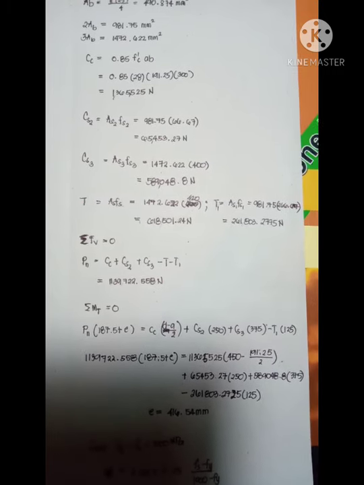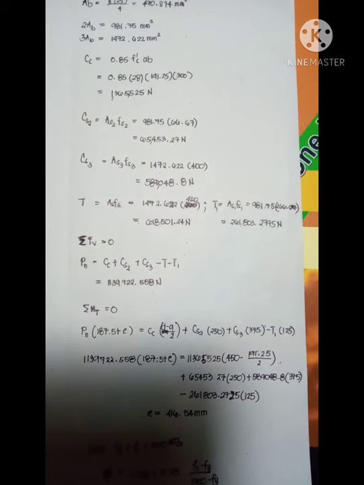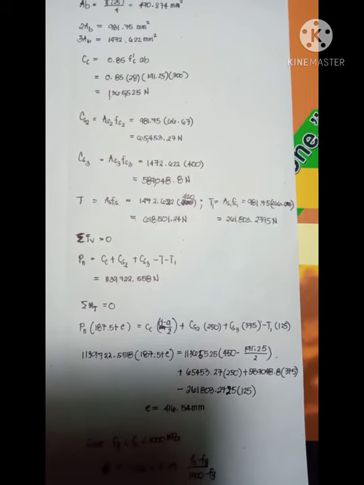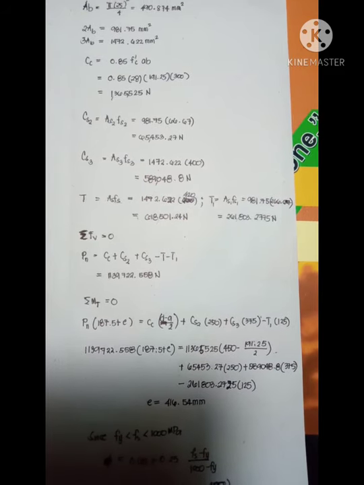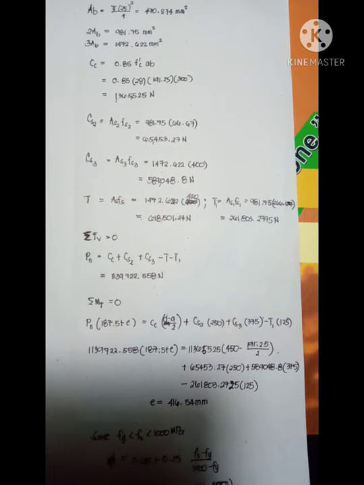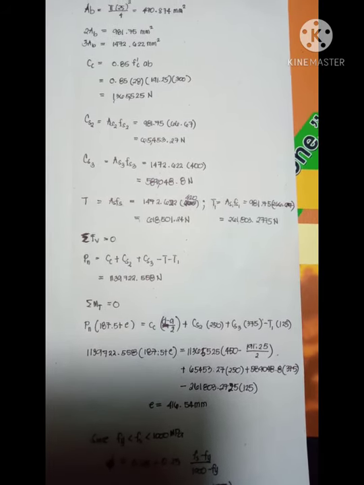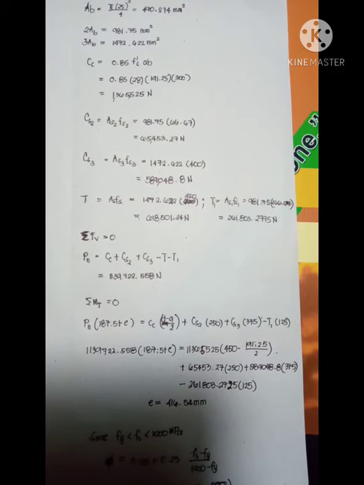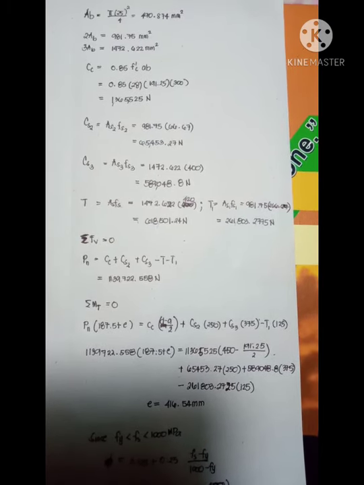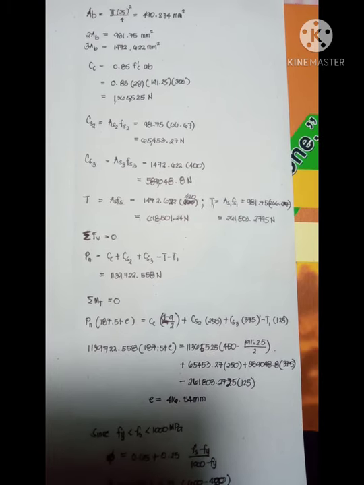We obtain the value of Cs2 as 65,453.27 Newton. For the Cs3, we have As3 times Fs3, which is 1,472.62 times 400. Then we obtain the value of Cs3 as 589,048.8 Newton.